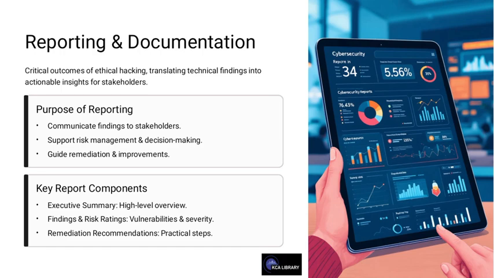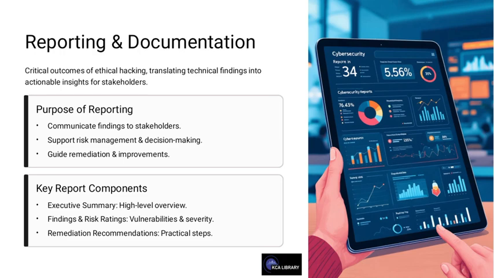Looking at reporting and documentation, it's a critical outcome of ethical hacking, translating technical findings into actionable insights for stakeholders. The purpose of reporting is to, one, communicate findings to stakeholders, to support risk management and decision making, and to guide remediation and improvement.